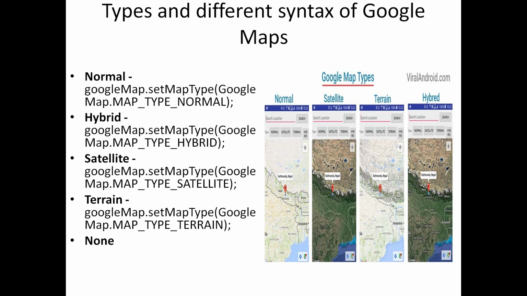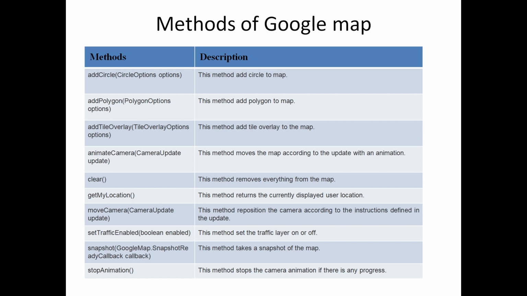Now we have some methods for using Google Maps, along with their descriptions. The first is addCircle, with the parameter CircleOptions, which is used to add a circle to the map.